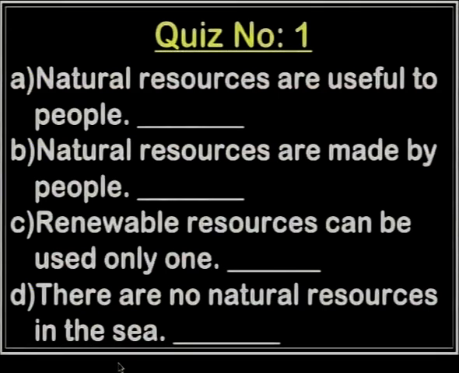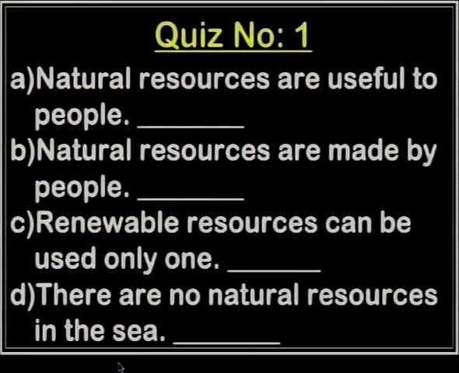C, renewable resources can be used only once. Is that statement true or false? Just write your answer. D, there are no natural resources in the sea.